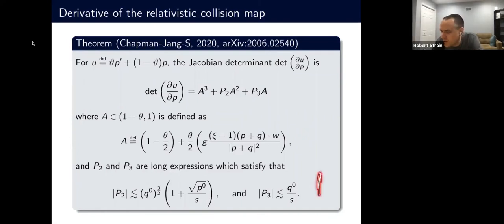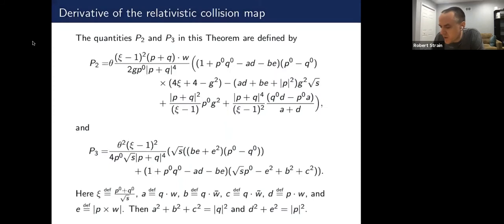And p2 and p3 are very horrible expressions which satisfy the following bounds that I won't make you stare at for too long, but I just want to be honest and explain all the results. And then, okay, so you can even calculate these quantities, and there they are. So you don't have to look at this long enough to understand that, but you can just see that there's some big weird expressions with a lot of different quantities in them.